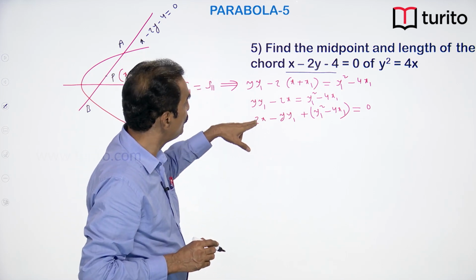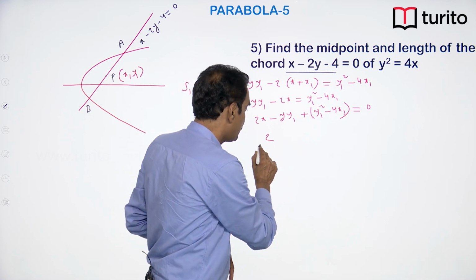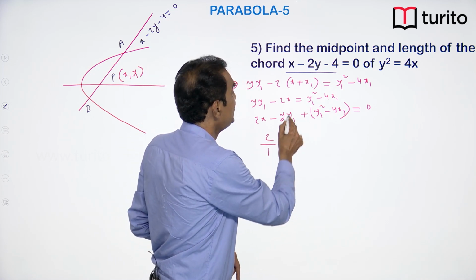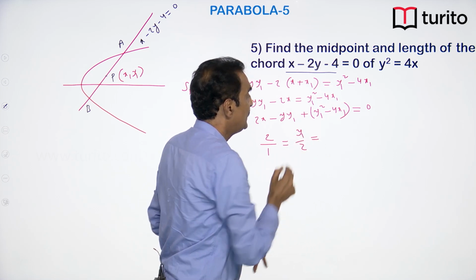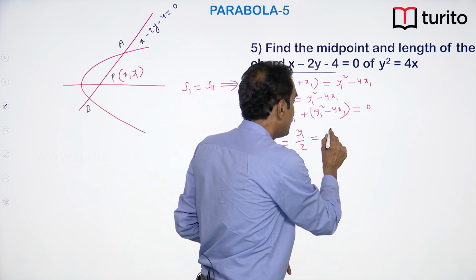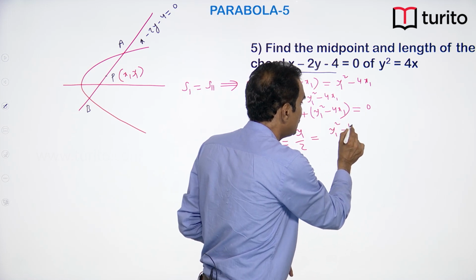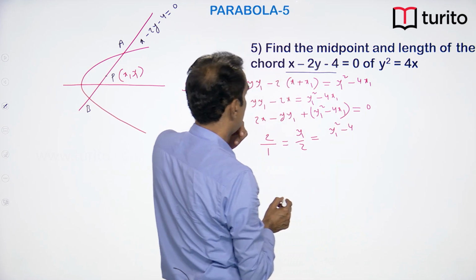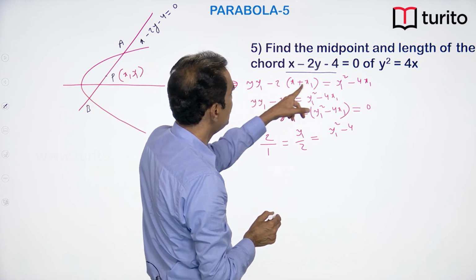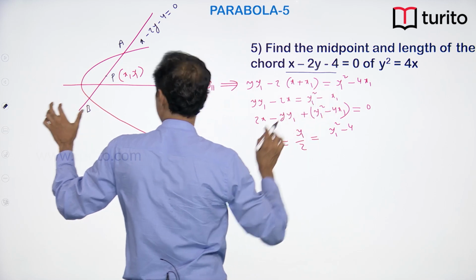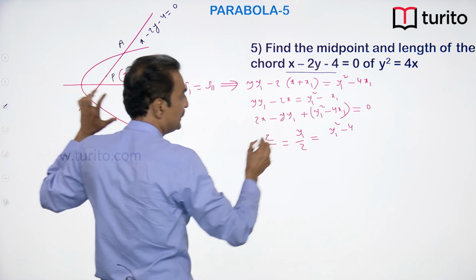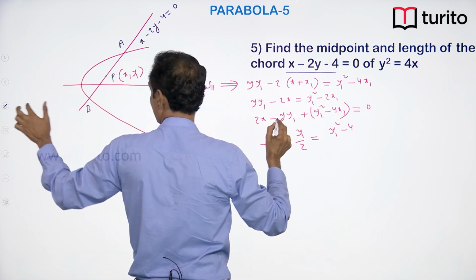So I will take 2 by 1 is equal to minus y1 by minus 2 is y1 by 2 is equal to y1 square minus 4x1. Is it 4x1? After cancelling 2x1, this is not 4, it is 2 here also.